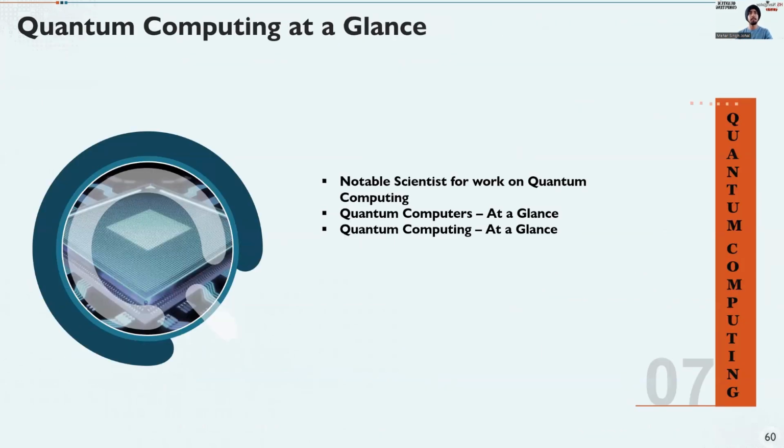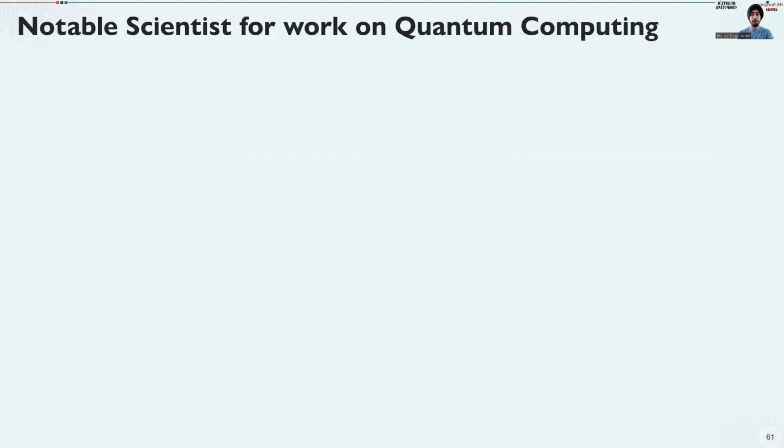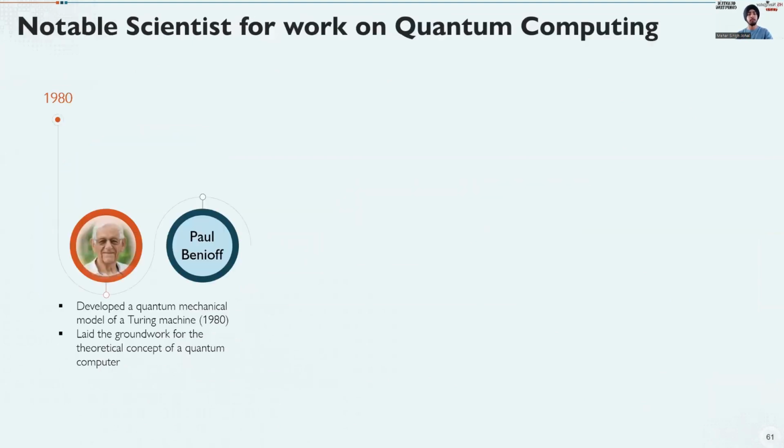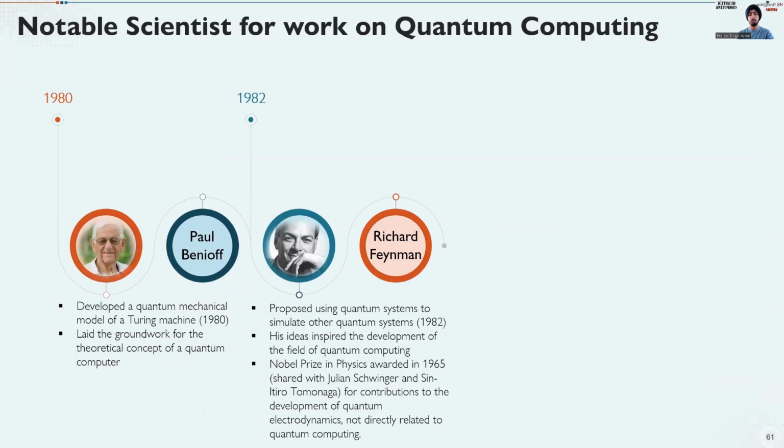So a little bit more about some industry stuff with quantum computing. Some of the notable scientists who've worked on quantum computing are Benioff, who developed the first quantum model of a Turing machine, which is a baseline for quantum computing. Feynman, who, if you've taken physics classes before, I'm sure you've heard of.